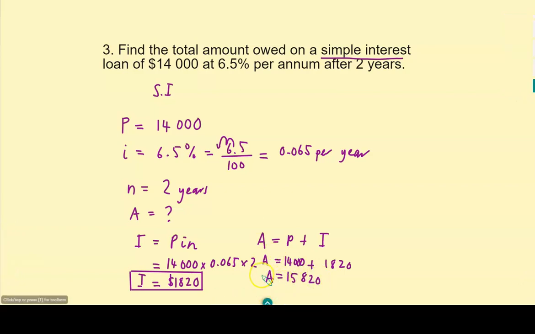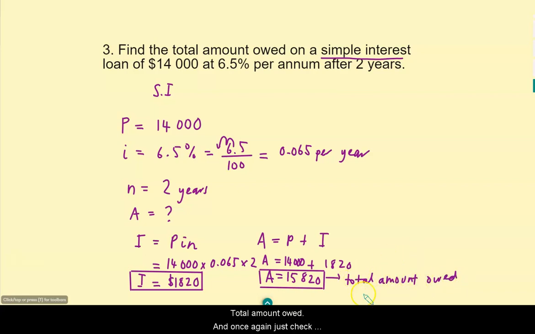And that is our total amount owed. And once again, just check your answer makes sense. So $14,000 was the present value, and it's amounting to a future value of 15,820.